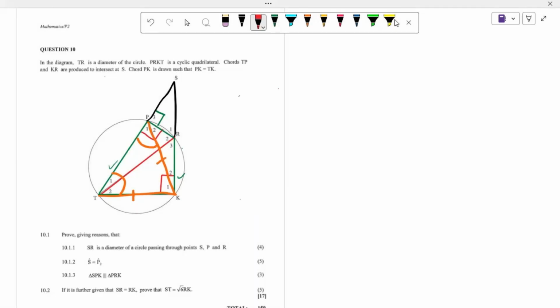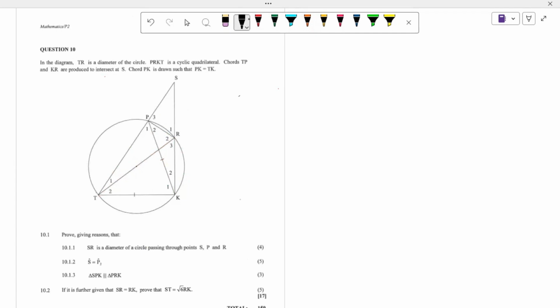10.1, they say prove, giving reasons, that. So 10.1.1, SR is the diameter of a circle passing through points S, P, and R. So I will just remove everything, and we will draw when necessary.